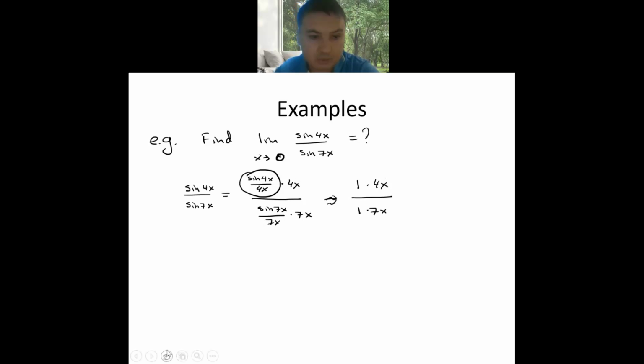So this cancels, which means this goes to 4 over 7. You see, I didn't let x go to 0 immediately because this would be like 0 over 0, and that would make it look like it doesn't exist, but that's not true. First you cancel and simplify as much as you can, and then you take the limit.